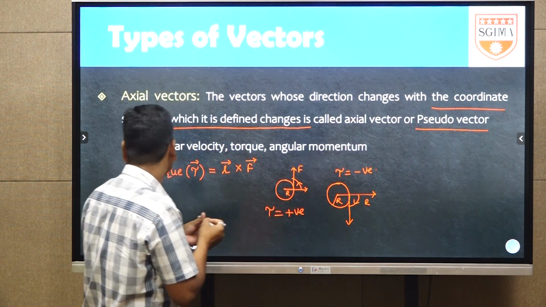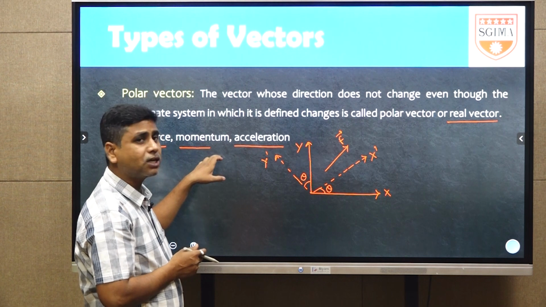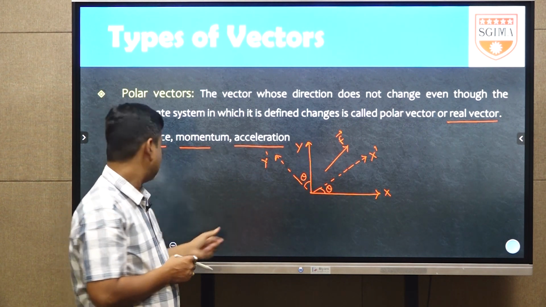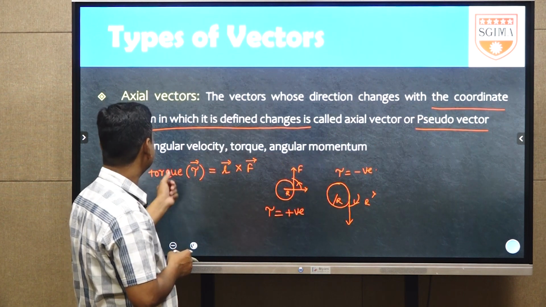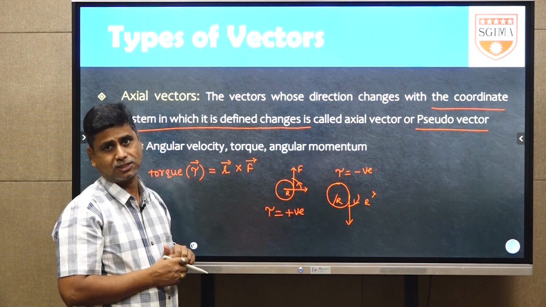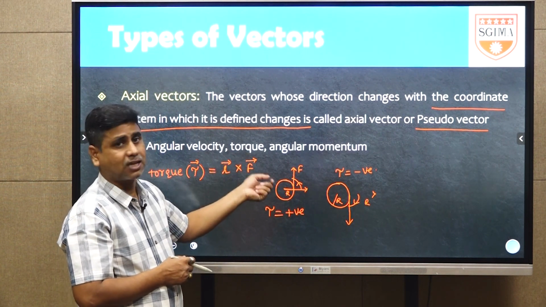In the previous case, force, momentum or acceleration are real things, but these are imaginary things. Angular velocity, torque and angular momentum are imaginary things. These are called axial vectors or pseudo vectors.